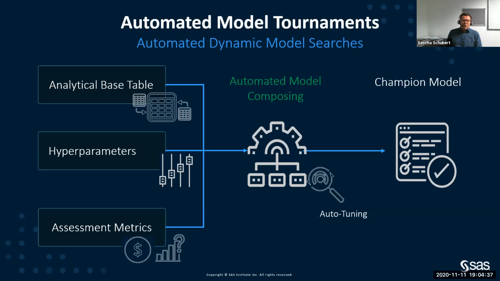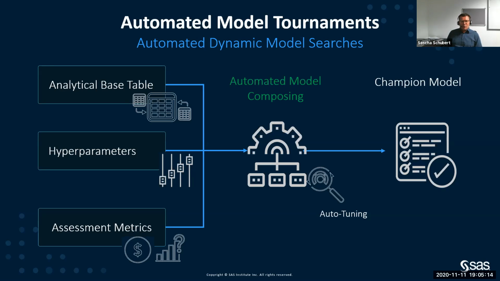And then you can go one step further. You can not use static model searches, but dynamic model searches. And we call that model composing. And with that, we are actually looking across what you can call the model space. So what are the potential models across all modeling algorithms, across all potential or possible hyperparameters, and which out of those millions and millions of combinations is the best one for your specific business problem that you're trying to address, and again come up at the end with a champion model automatically.